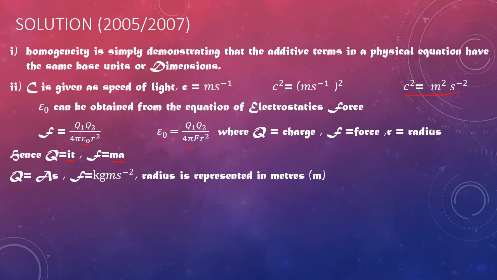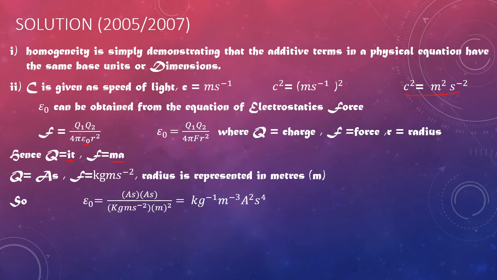F equals kilogram meters per second squared, as we earlier did, and the radius is simply represented in meters since it's a length. Epsilon naught is simply going to be replacing these base units in the equation. Hence, we have AS times AS divided by kilogram meters per second squared times meters squared. Respect their powers too.